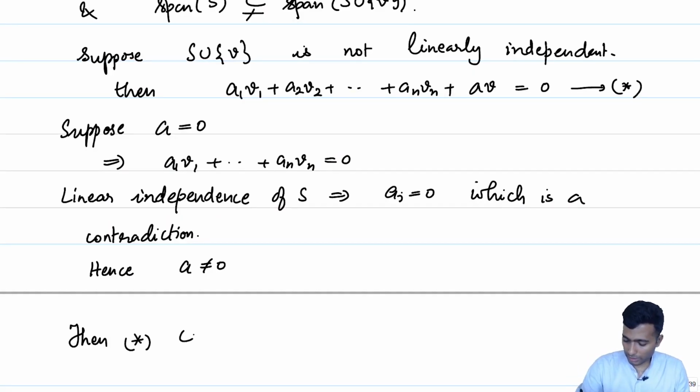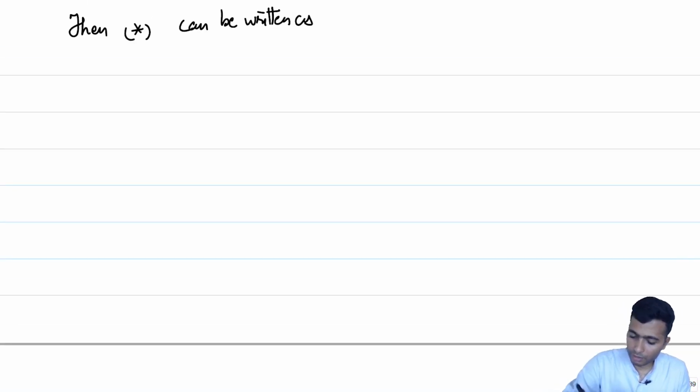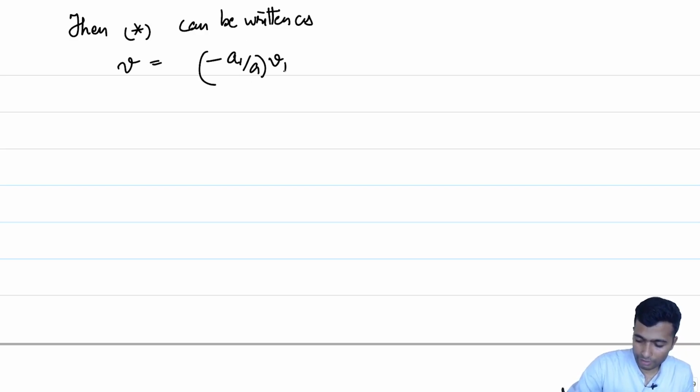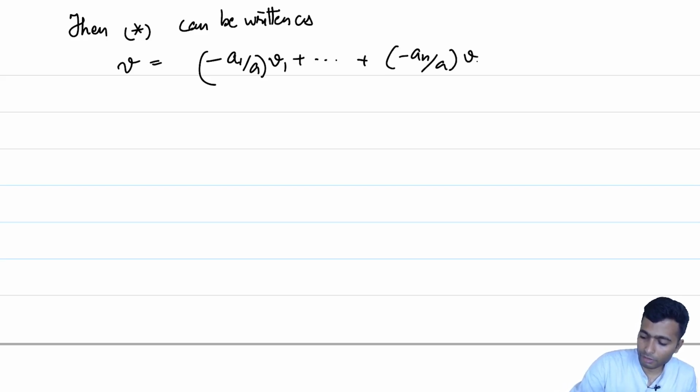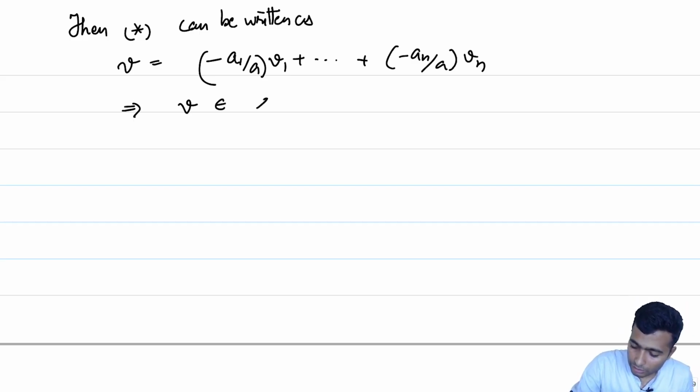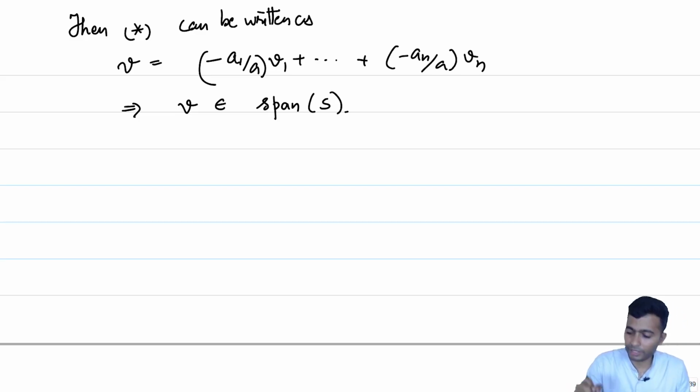Then star can be written as v is equal to minus a1 by a times v1 plus dot dot dot minus an by a times vn. But that implies that v is in the span of S because v1, v2 up to vn are vectors in capital S, which is again a contradiction.